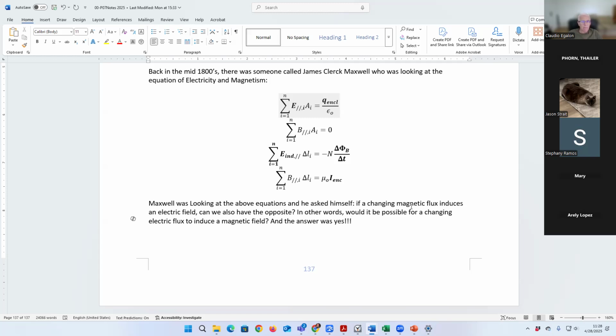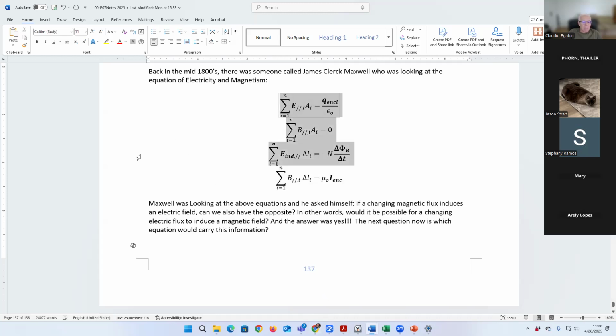Okay? The next question now is which equation would carry this information, right? Here is Gauss's law of electricity, Gauss's law of magnetism, Faraday's law of induction, and Ampere's law.